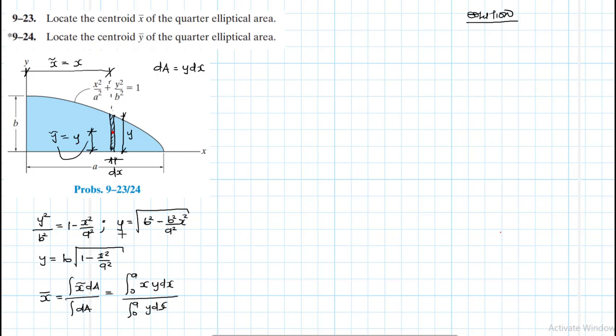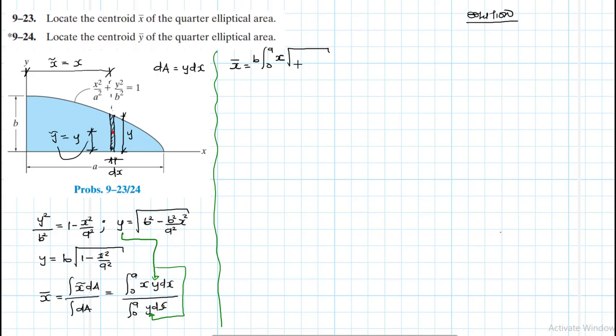So we need to replace this y there, and also this y there. If we do so, we have the following expression. Our x bar is equal to the integral from 0 to a of x, factoring out the b for the y, times the square root of 1 minus x squared divided by a squared dx.